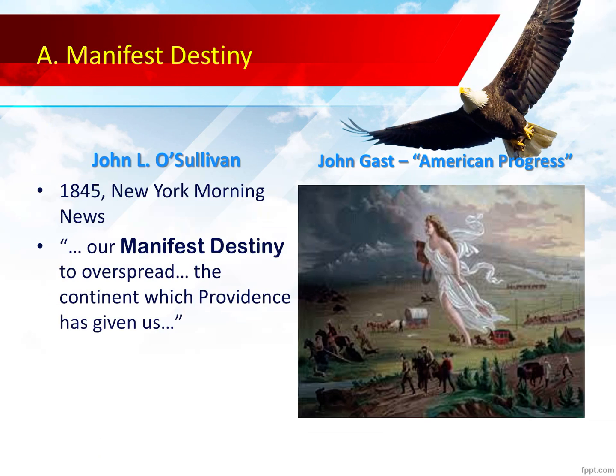This is going to inspire this particular painting, which I use as your first half of the year painting, American Progress by John Gast. And if you look at the right side of the painting, it's in the light. Well, that's in the east.